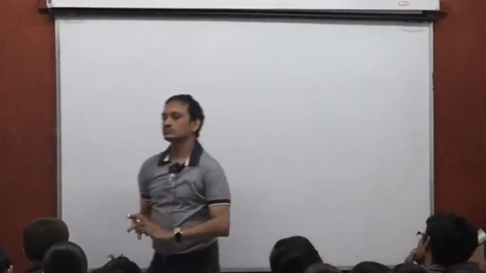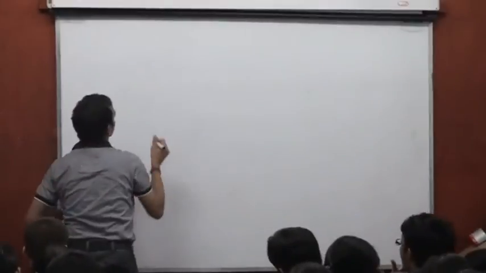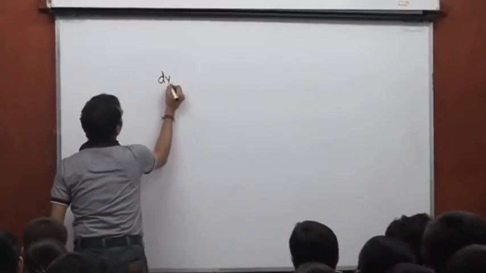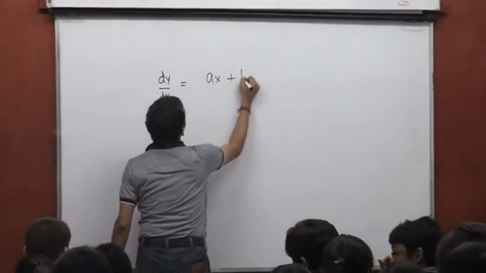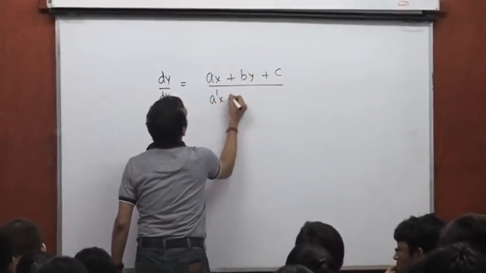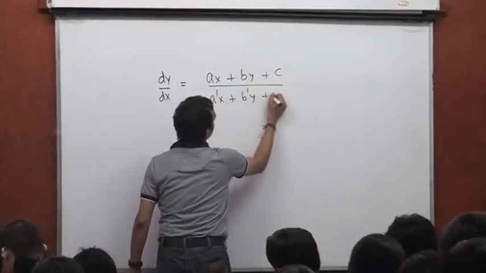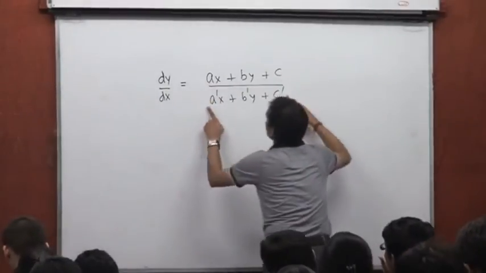Now, another form of the differential equation: dy/dx equals ax plus by plus c divided by a prime x plus b prime y plus c prime, where these two lines are not parallel.